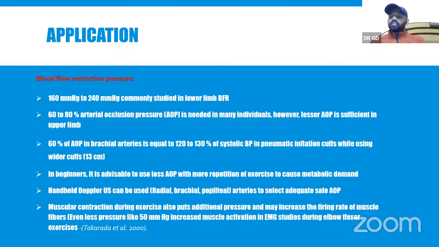Another thing is when you apply a cuff pressure of arterial occlusion pressure of 60 to 80 percent, that is equal to 90 plus percent of the venous occluding pressure. Why? Because the artery carries positive-pressure blood, due to the ejection pressure of the heart. Whatever you do, some blood flow still goes through because of the positive force from the heart.